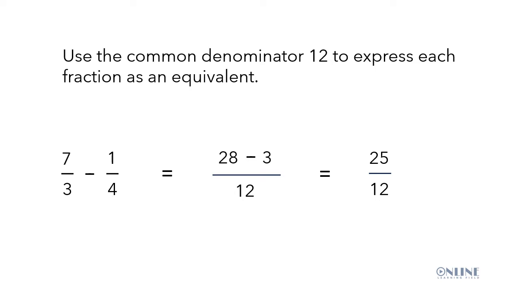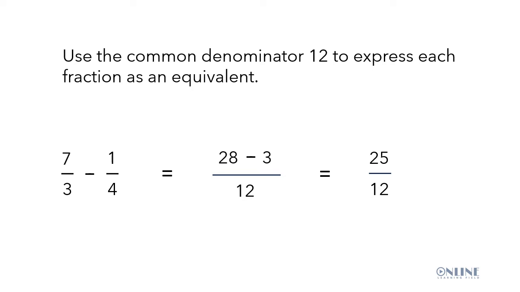The procedure is simple. 3 can divide 12 4 times. Multiply this 4 by 7, which is the numerator of 7/3. That will give us 28. Write 28 above the division line and add the subtraction sign next to it.